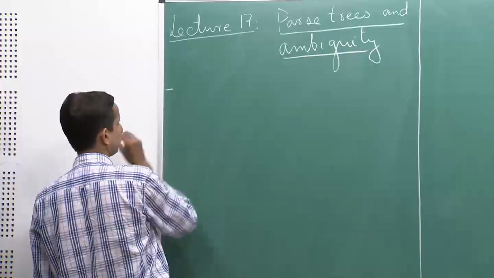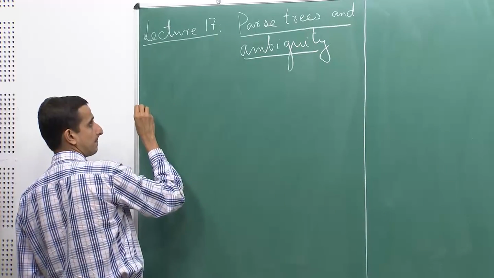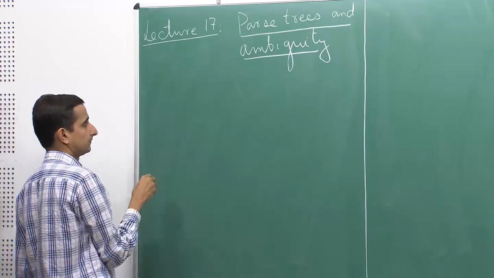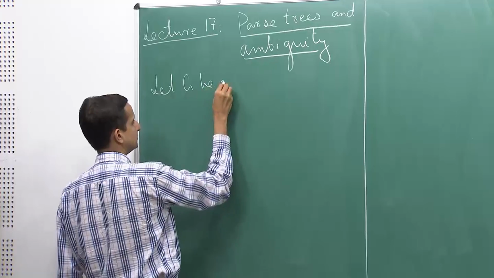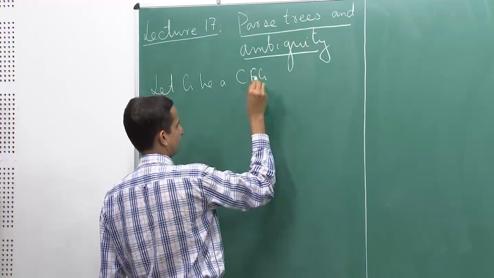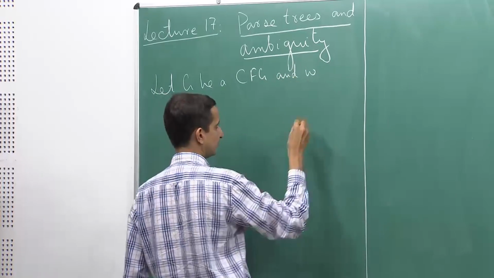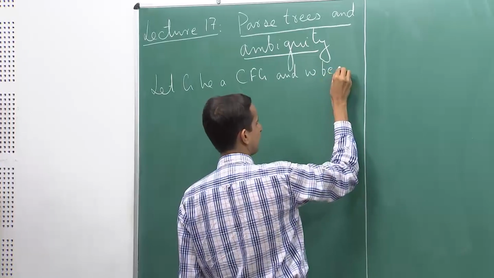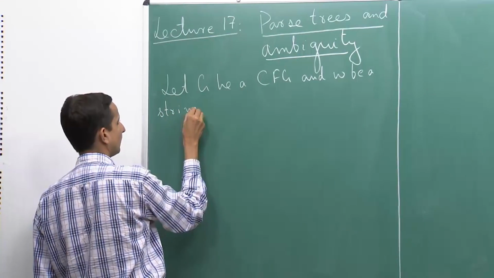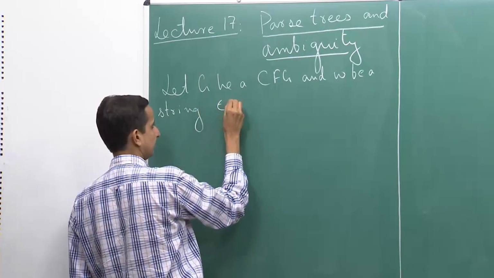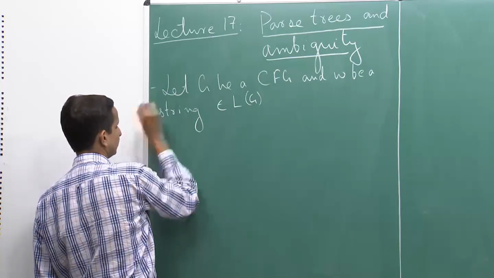So for the context of this lecture, let G be a context-free grammar, and let W be a string in the language of the grammar.